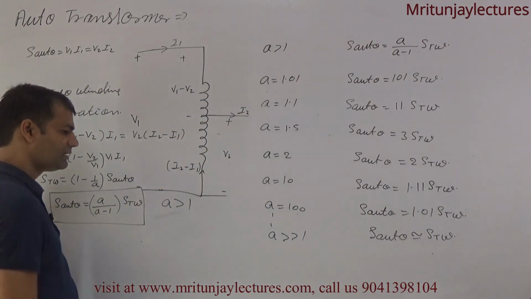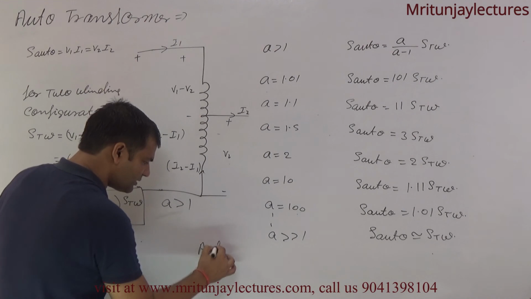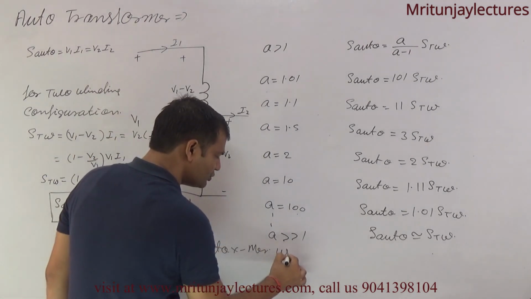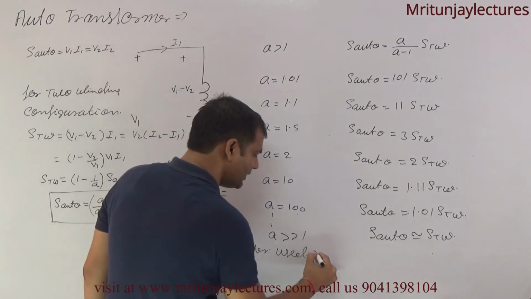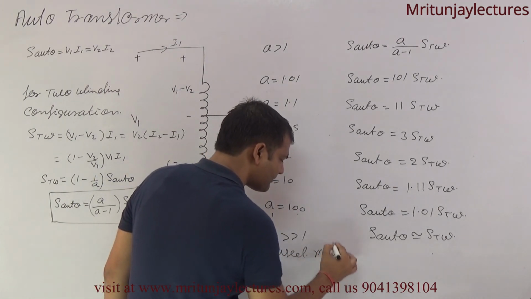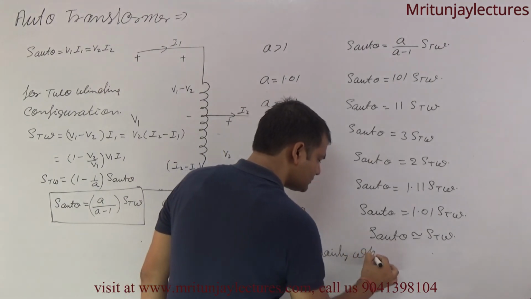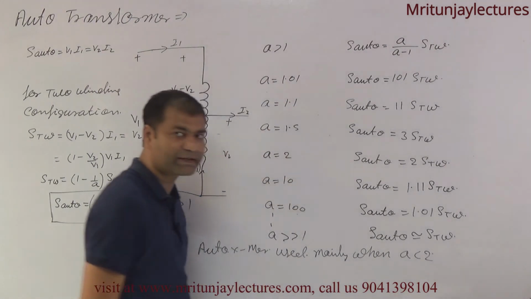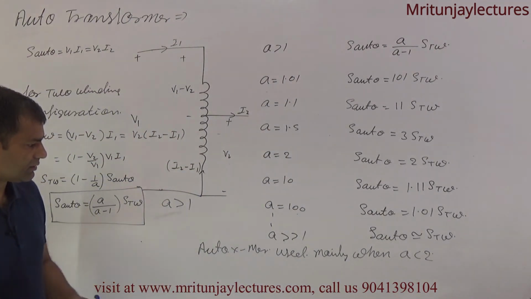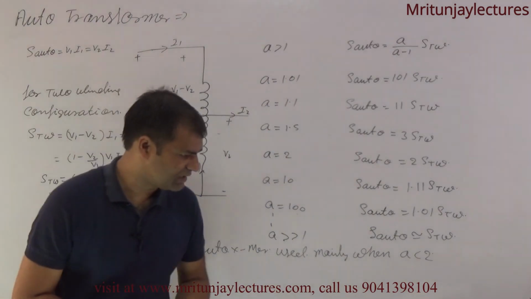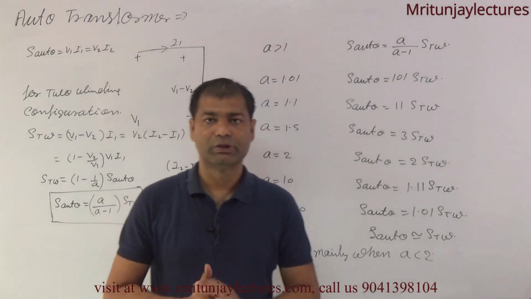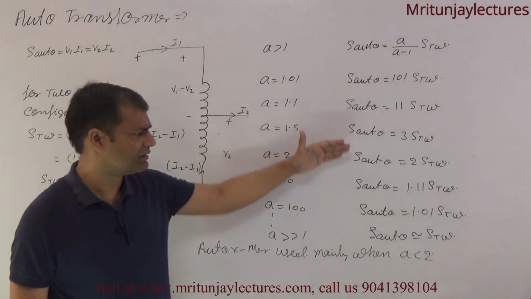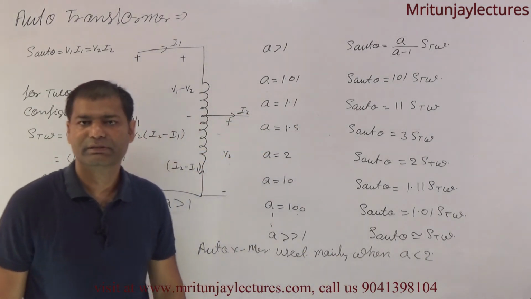So you can say that an auto transformer is mainly used when A is less than 2, and then it is more effective, otherwise no more advantage.